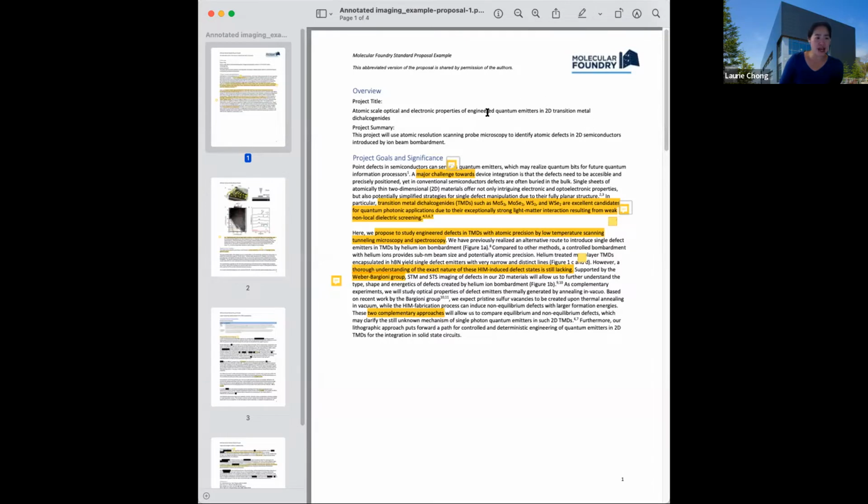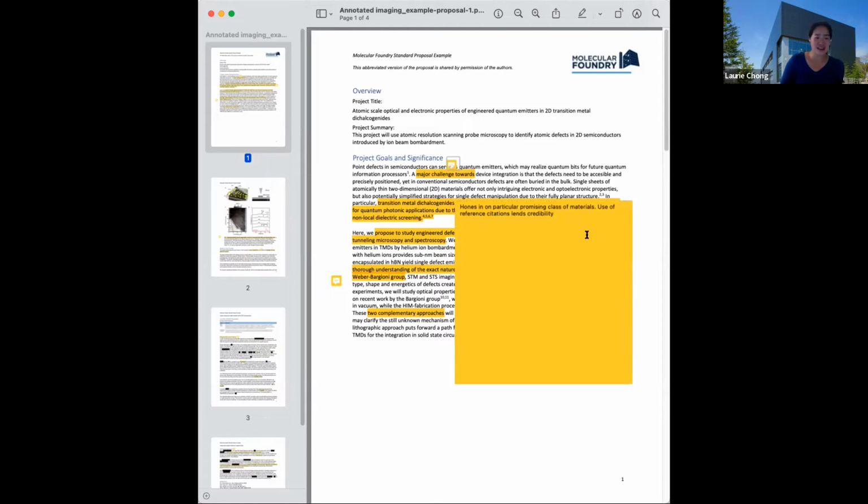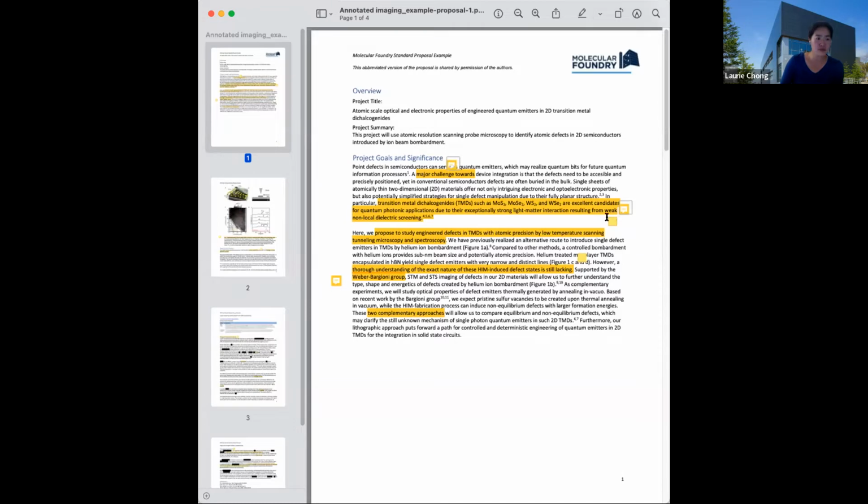And then as we move down, it's describing transition metal dichalcogenides. My goodness, talking is hard today. And so it's being more specific about a particular class of promising materials, and it's adding ample citations to lend credibility to what you're working on.